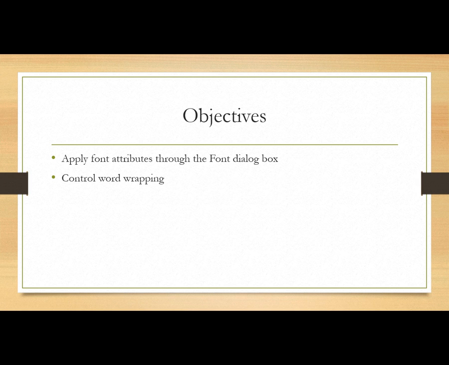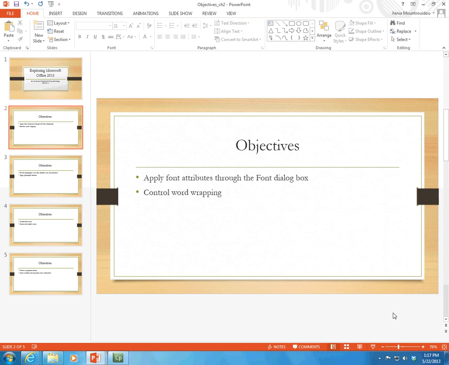So the first set of objectives for this little video are to learn some things about typography, applying fonts and attributes through the dialog box, and you should remember how we bring up this dialog box. Furthermore, we will see some interesting tricks that I bet not everybody knows about in word wrapping.